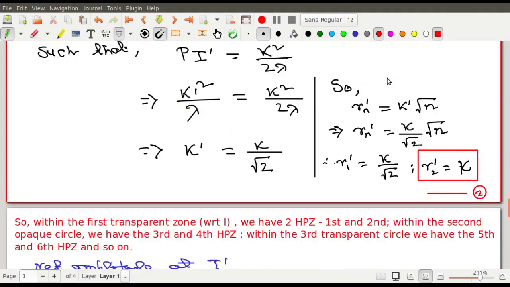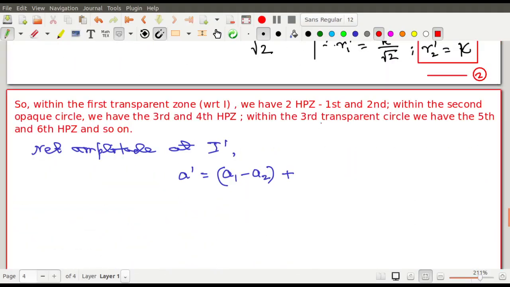But now within the third circle, which zones are there? Within the third transparent circle, we have the fifth and the sixth half period zone, right?